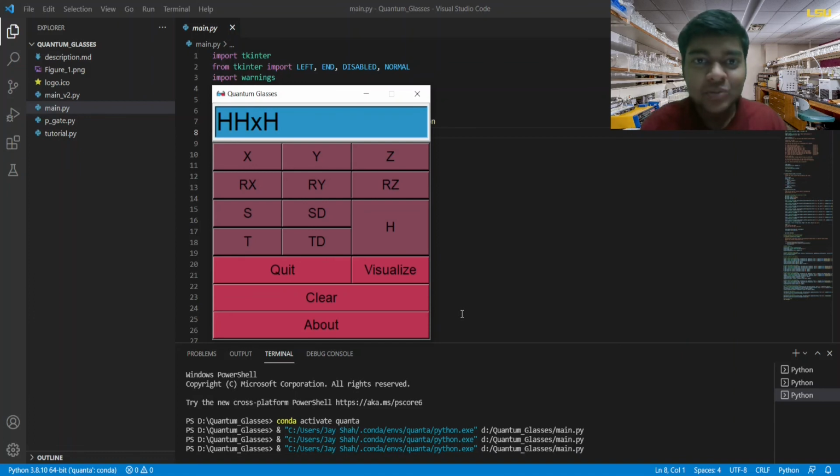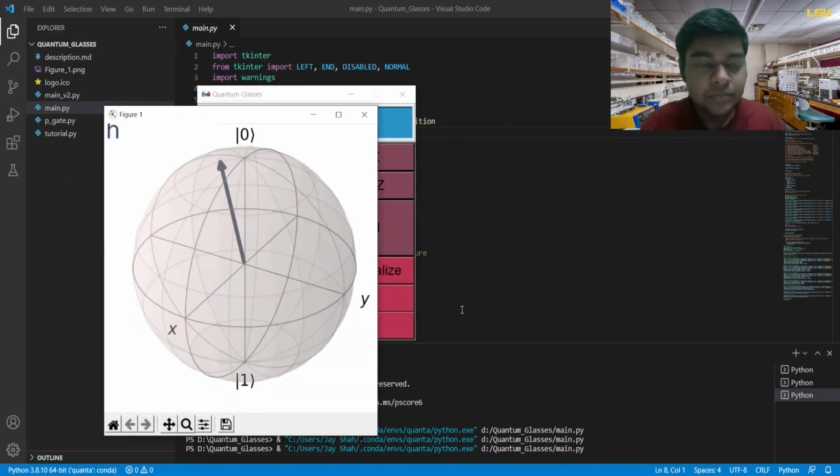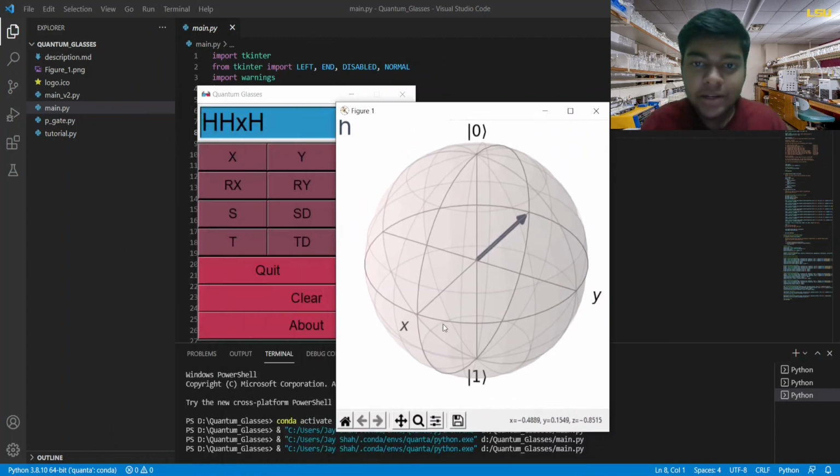Okay, I just showed you the one. So let's see what happens. As you can see, we just got back to that state after applying all of these operations.